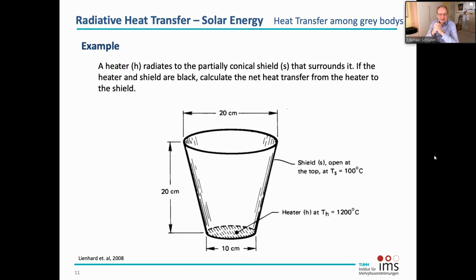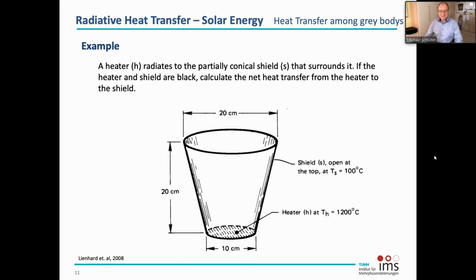So it's a heater that radiates to the partial conical shield that surrounds the heater. The heater is of course here at the bottom, and then the heater is radiating heat in this direction. And as you know from a common heater, usually such a heater has a shield to prevent people from touching the hot surface, because the heater surface is here 1200 degrees Celsius hot.